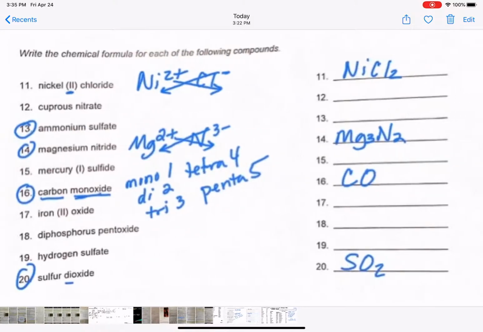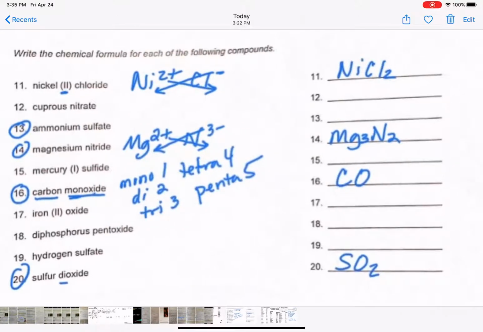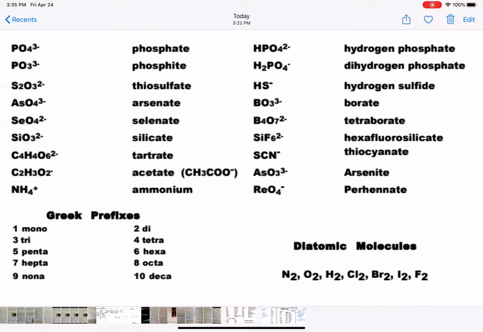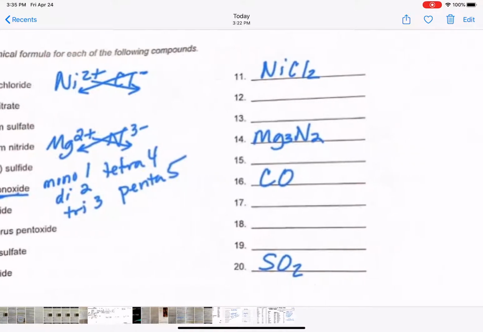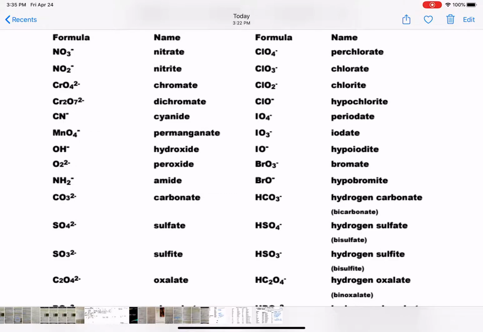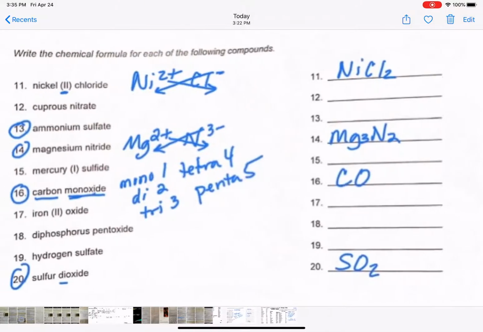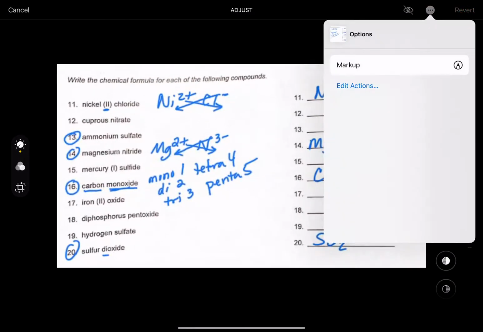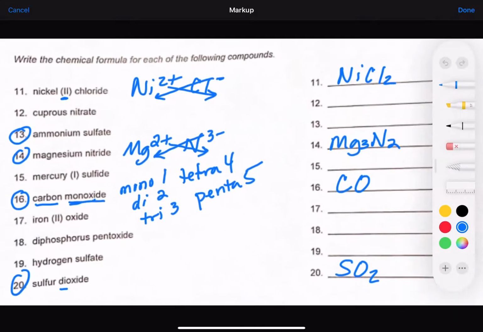We'll find it. There it is, sorry. NH4+ on the left-hand side there. So now we know it's NH4+ for ammonium, and then sulfate, NH4+, remember that, and sulfate is SO4 2-. NH4+ and SO4 2-.